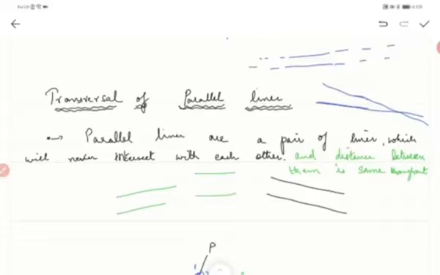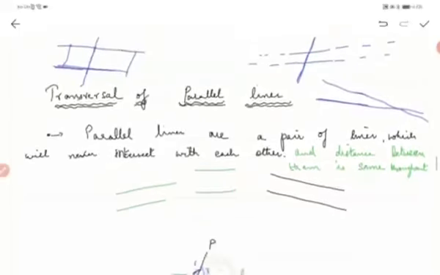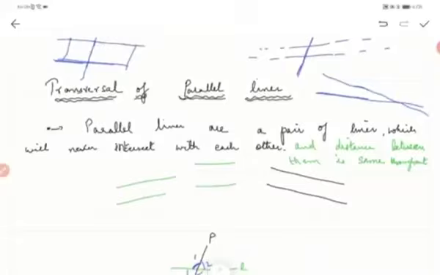So if two parallel lines are cut with a transversal line, what will happen? Did you see railway tracks? The tracks are parallel and will not meet at any point, and between them you get transverse lines like this. We will consider one transverse line and see what angles are formed and what the condition of the angles is in parallel lines when the transversal passes.